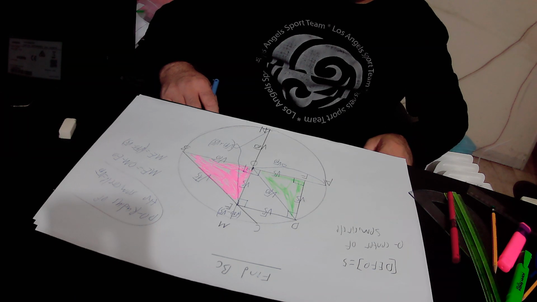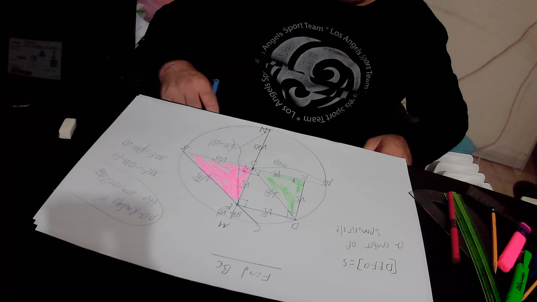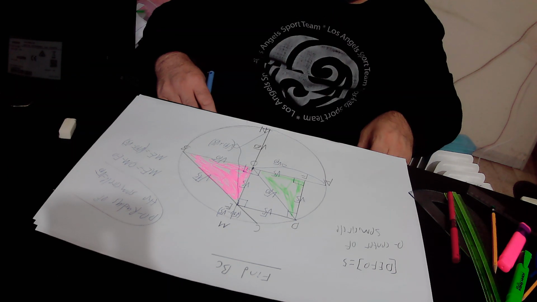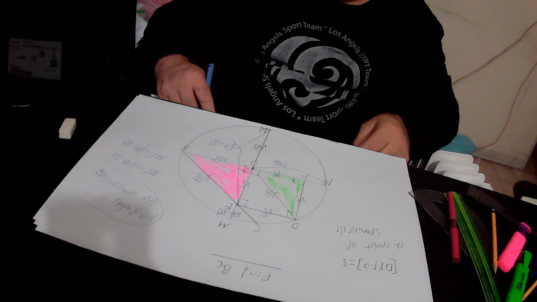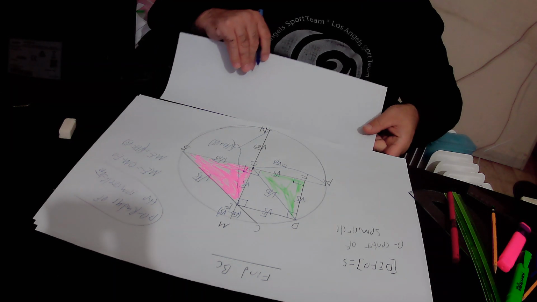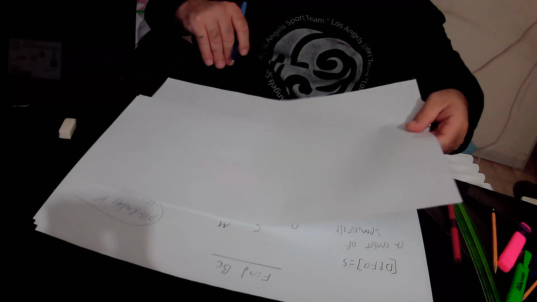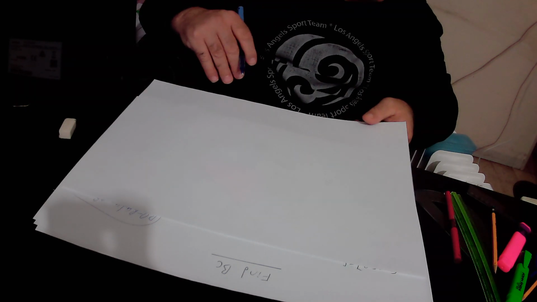So I'll copy the drawing again in a new page without the other fields here, and we'll implement rule number 2 in those two chords that intersect with each other.